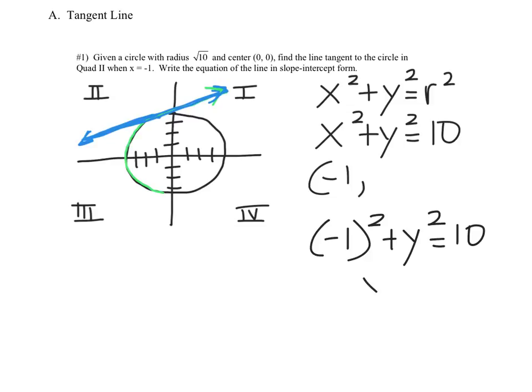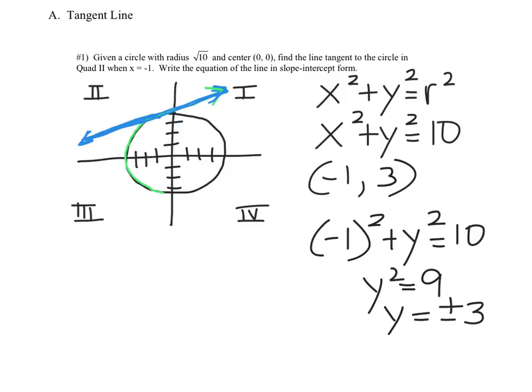Subtract 1 to the other side, so y equals plus or minus 3. But we're in quadrant 2, so y has to be what? Positive. Good. y has to be positive in quadrant 2, because you're above the x-axis.